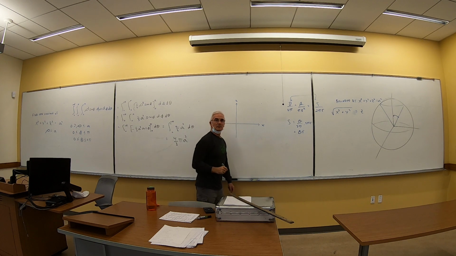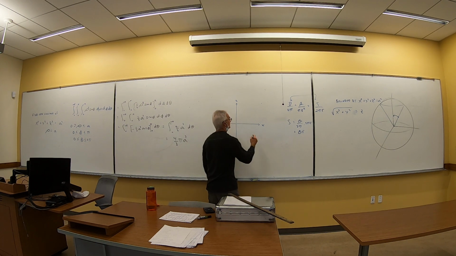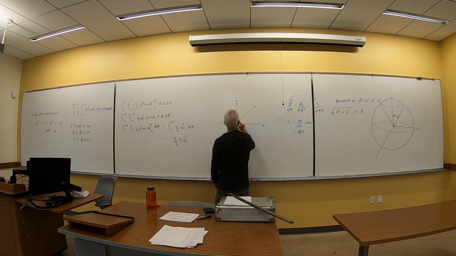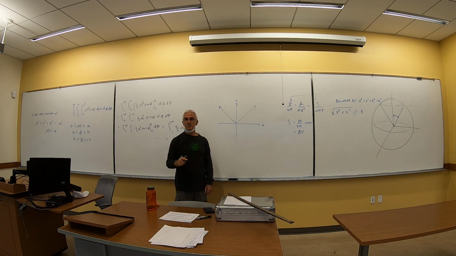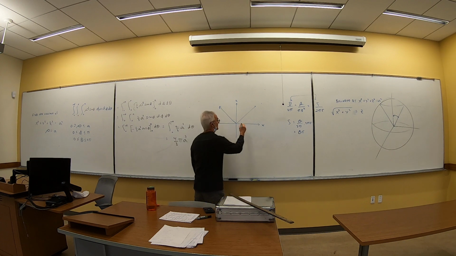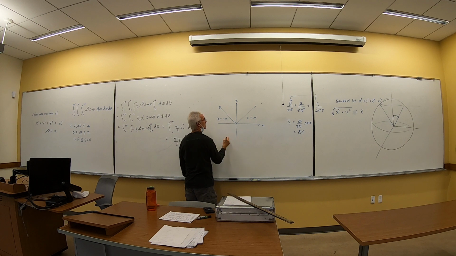That means y is 0. In the xz plane, you have z equals the square root of x squared, which is the absolute value of x. So isn't this line z equal x and this line z equal negative x?